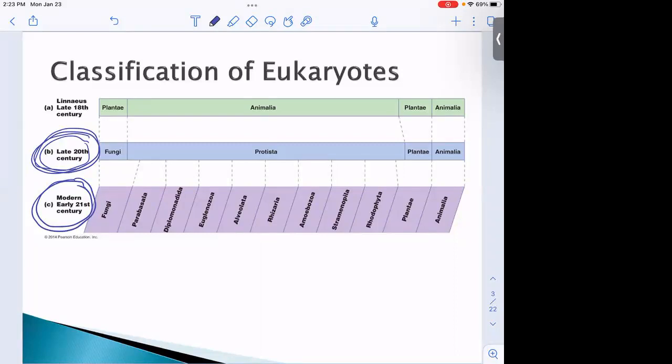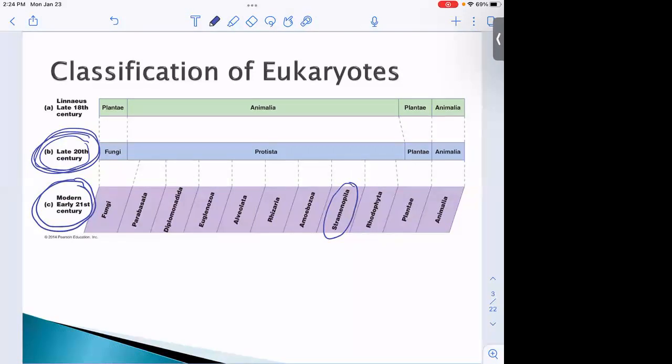Like this kingdom here, Stramenopila, those are organisms that caused the Great Potato Blight in Ireland back in the 1800s. Those are really weird organisms called water molds. And they are described as algal protists that act like fungi. So they just don't fit exactly into anything.